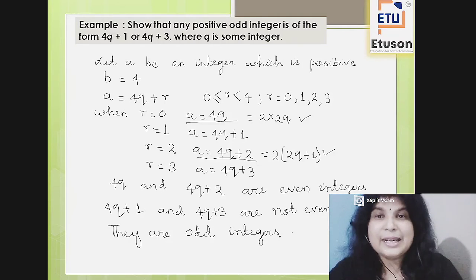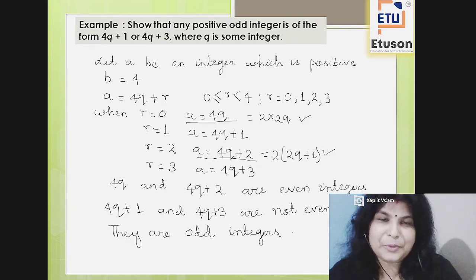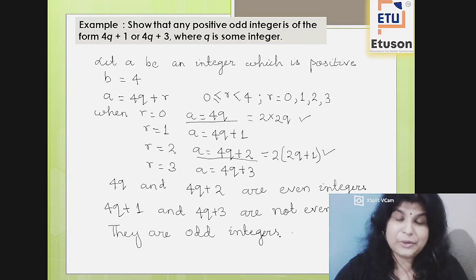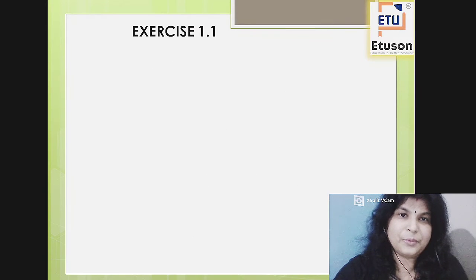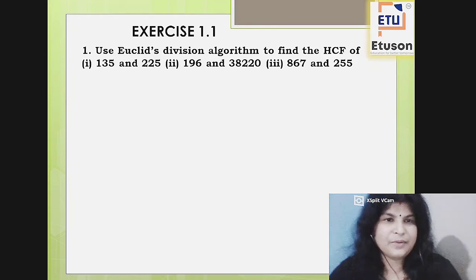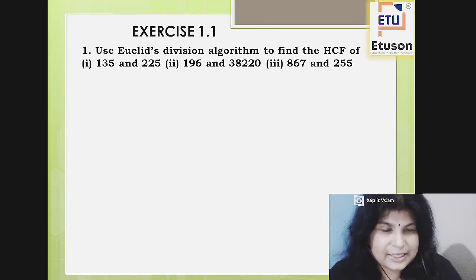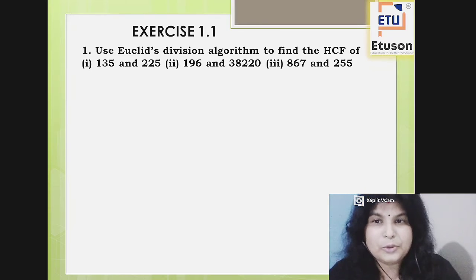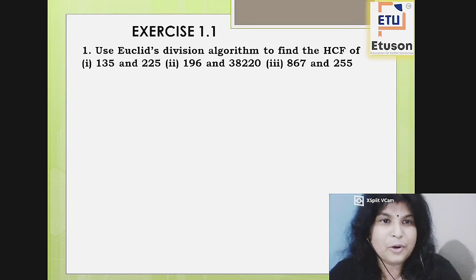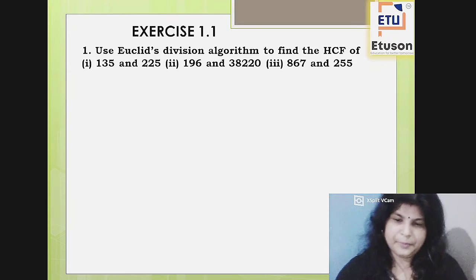So today let us discuss some of the problems in your NCERT exercise 1.1. Your first question is, use Euclid's division algorithm to find the HCF of the following numbers.